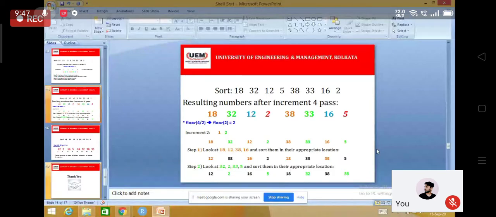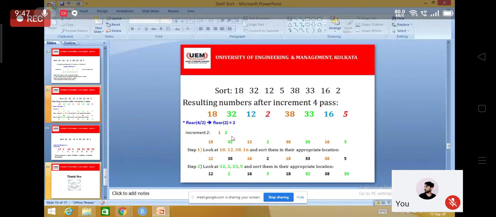Now what is the job? Now you need to check the arrangement of 18, 12, 38 and 16 and then sort them. So if you sort them, what you will find? This must be 12, 16, 18, 38. Okay. So that is one.